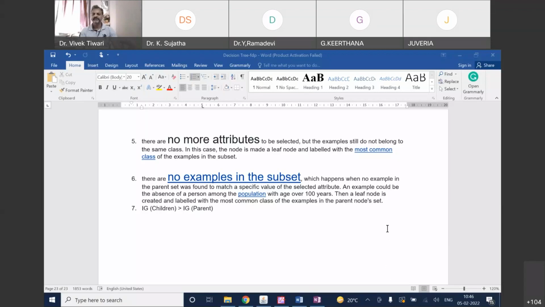Someone has written something that I can't understand, but you are writing, so you are clear and happy. If the things are clear to you, that is my only objective of the FDP, of the institute, of the AICTE. With the limited time, in the best possible way I could, I tried to make you understand the decision tree, especially ID3.